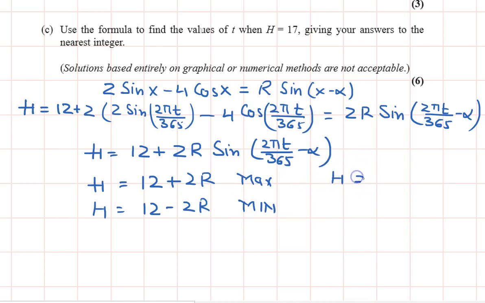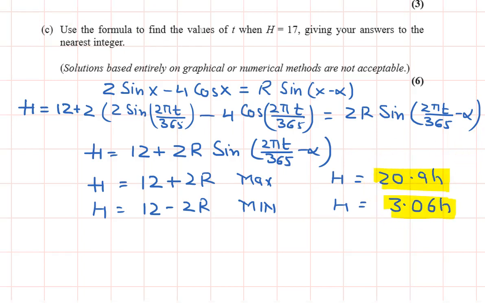So h will be 20.9 hours and h will be 3.06 hours. So that is the maximum and minimum number of hours for the daylight. This was part B.